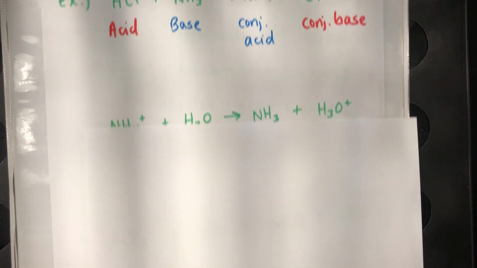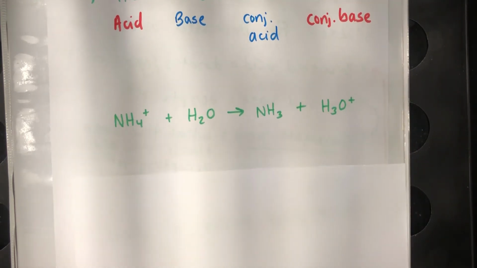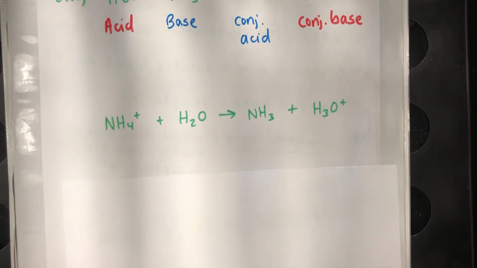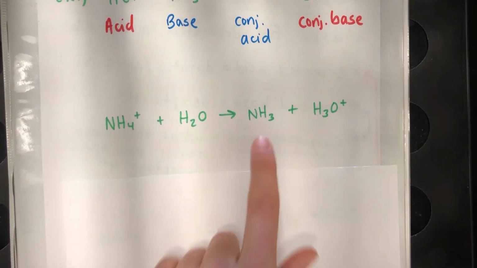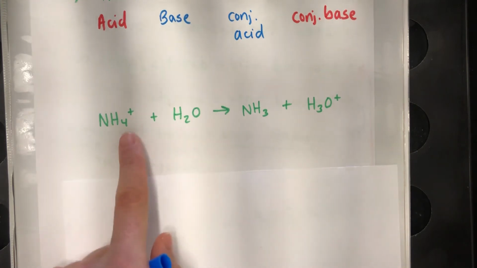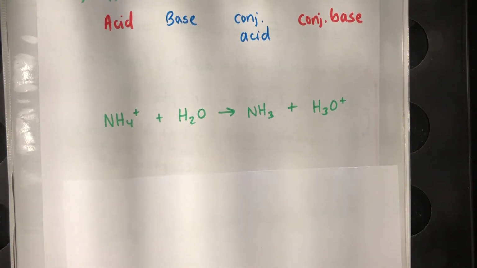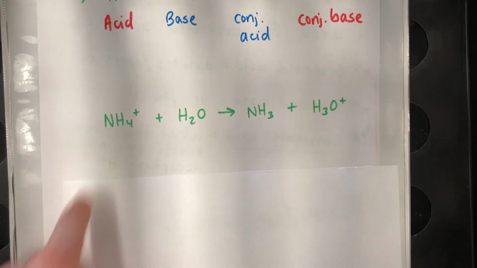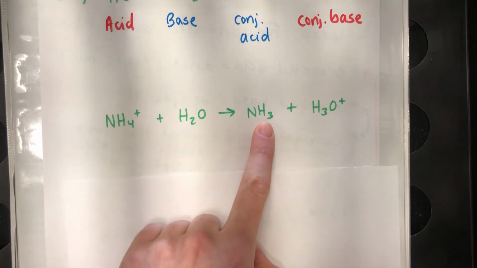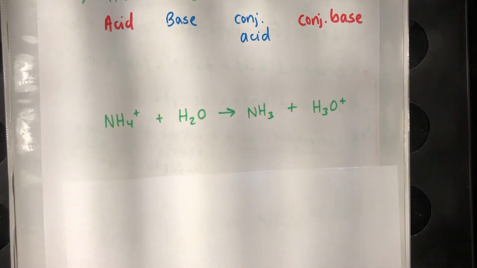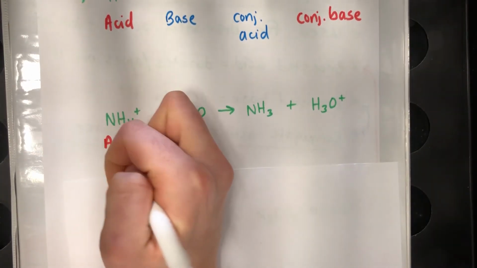So let's try another example. Here we have NH4+ reacting with H2O, turns into NH3 and H3O+. Okay, so we can see the common substances that go together, the NH4+ and the NH3 versus H2O and H3O+. So here, NH4+ turns into NH3, meaning that it lost a hydrogen. So when something, again, donates or loses hydrogen, that is your acid.